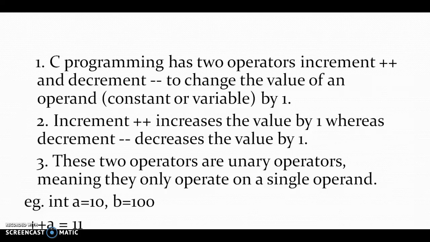For example, say we have int a equal to 10 and b equal to 100. Plus plus a means pre-increment: before using the value, it is incremented by one and then that value is used in the program. And b minus minus: after using the value, it will be decremented. It's pre-increment and post-increment.